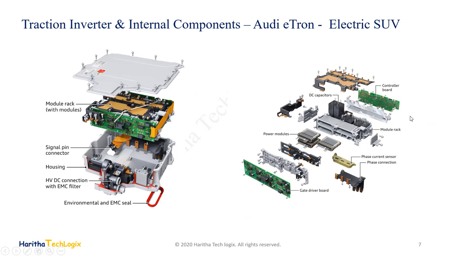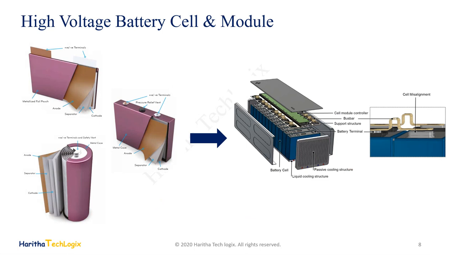Next to the e-drive components and the power electronic components, another very important component of electric and hybrid vehicles is the battery pack. So these are the battery cells. These three construction types of battery cells are widely used in electric vehicle and hybrid vehicle applications: one is the cylindrical cell, another is the prismatic cell, and this one is the pouch type.